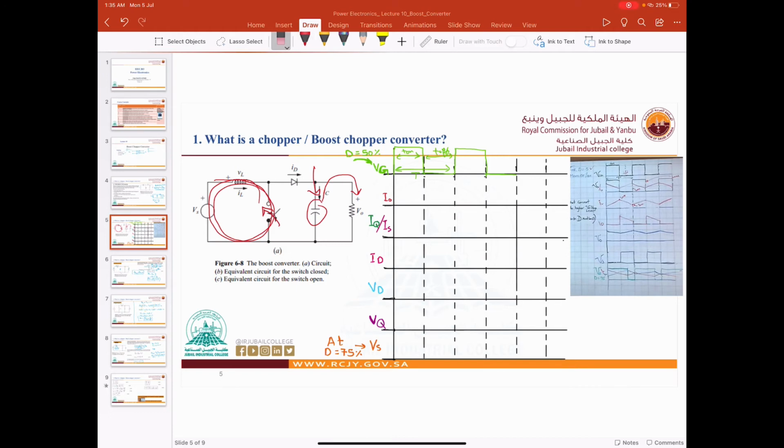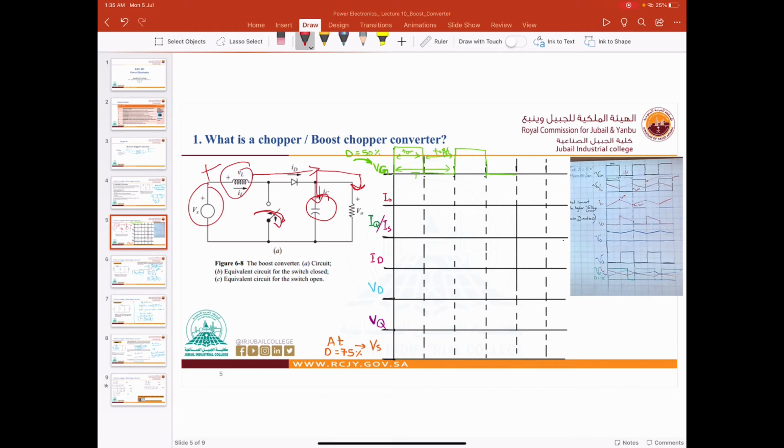Let me do it here and you will understand. Now in case of opening the switch, what will happen? As we said, we have two voltages, right? They will add together, then the inductive load will also release its charges. Then it will go through the capacitor and through the load, right? It will be a huge current. So when the switch is off, the capacitor is charging.